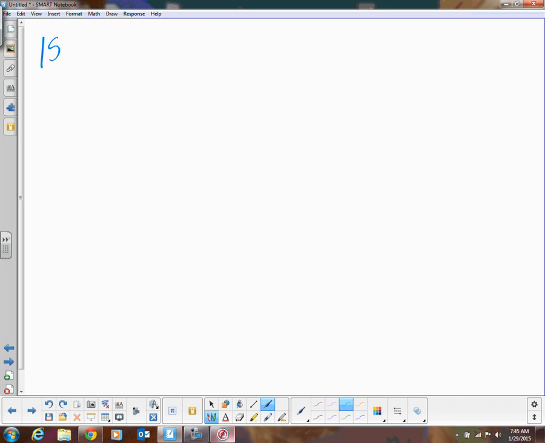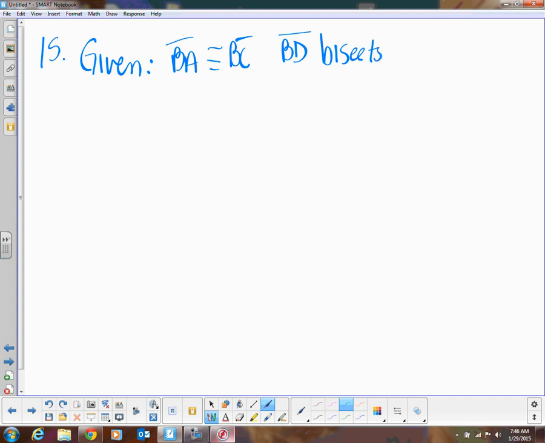On 15, you have been given that BA is congruent to BC. You've been given BD bisects angle ABC. And you are to prove several things.